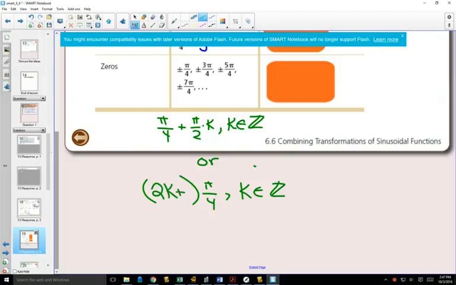This makes it even. Add 1, and you make it odd. So you could choose either way. I really like recognizing this is pi over 4 is one of the ones you have, and then figuring out the distance in between them. I think that's a nice, easy way of doing it. But if you like the odd-numbered one, you could use that as well.